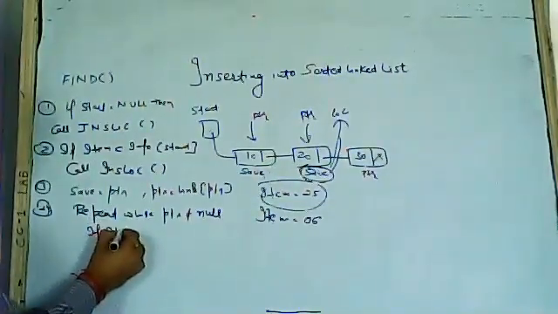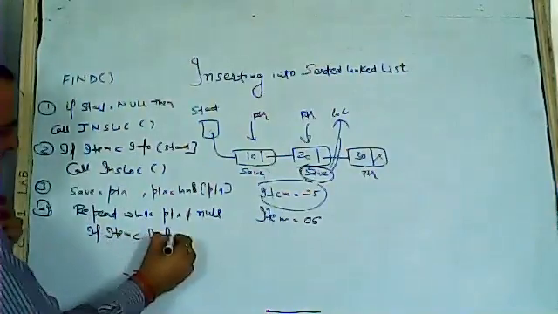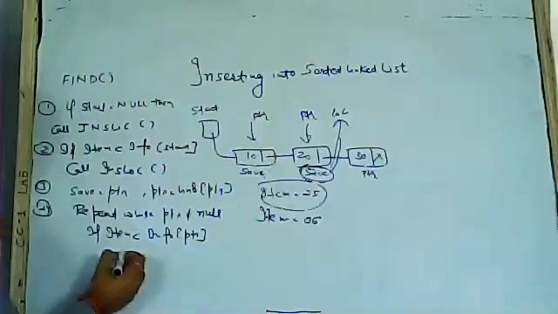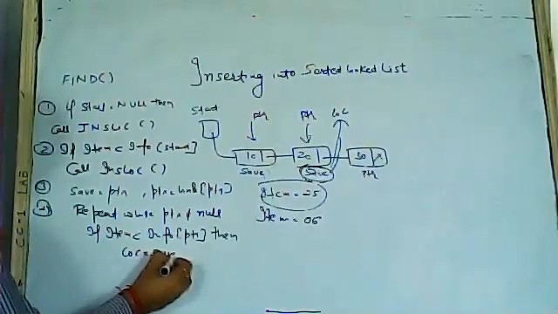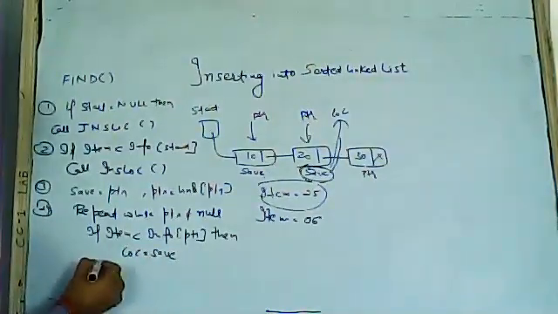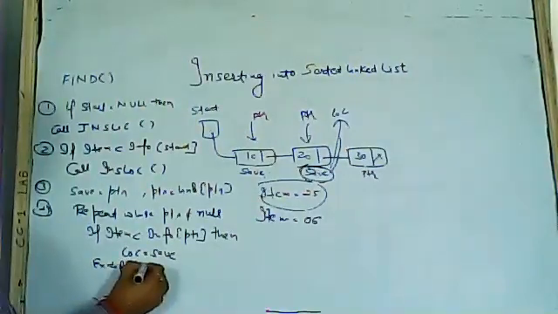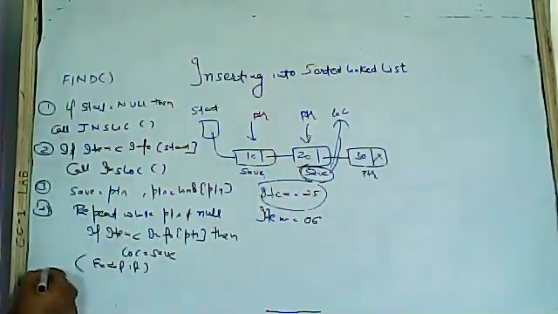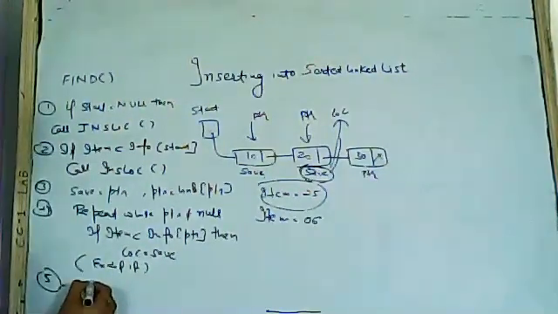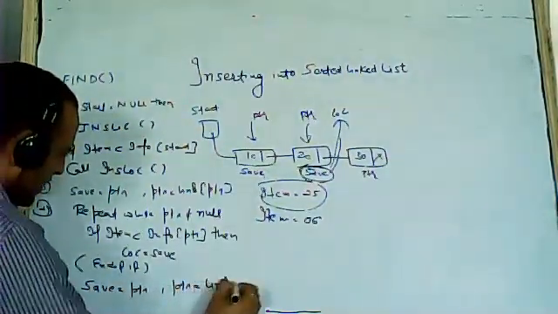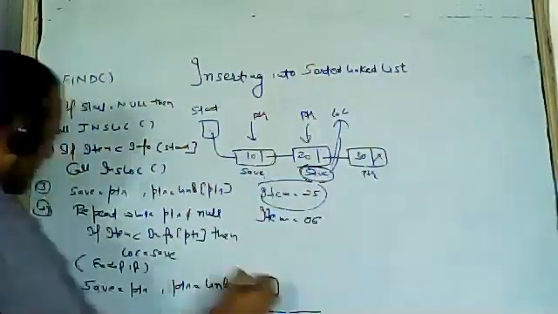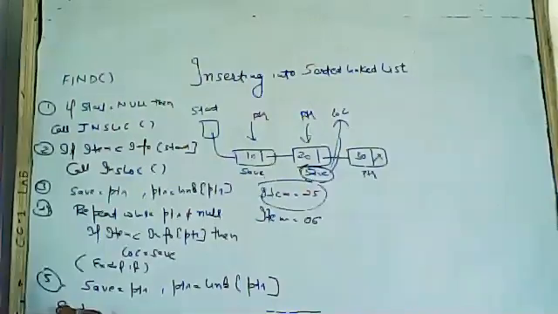If item is less than info pointer, then location is equal to save. End of if. Fifth step. End of step 4.